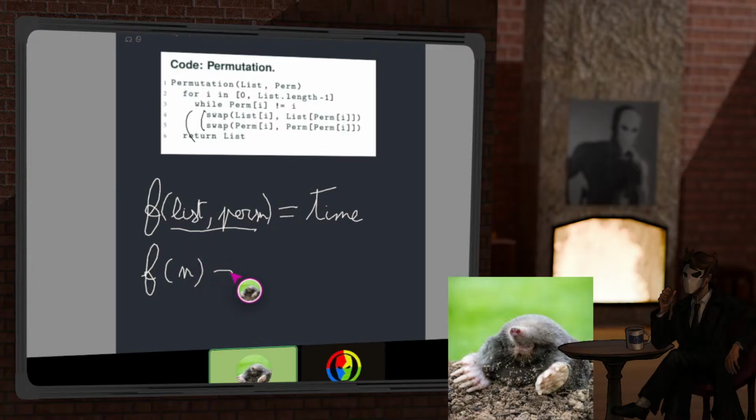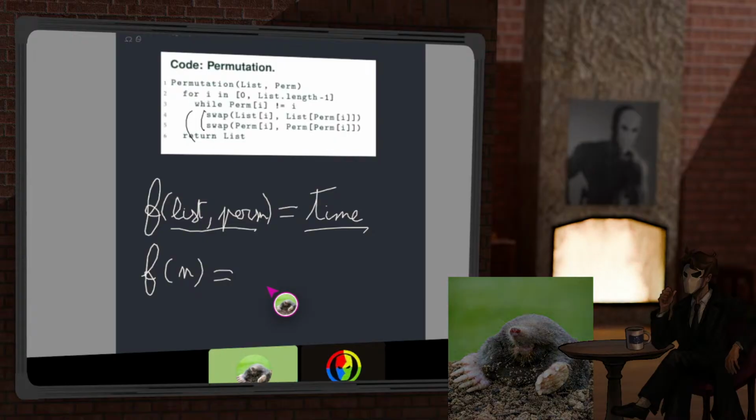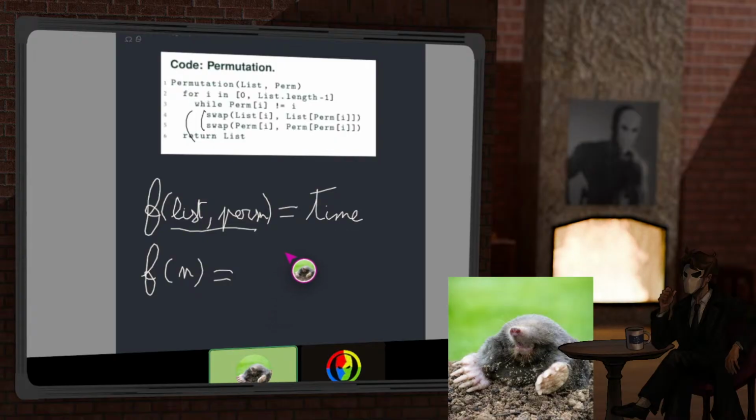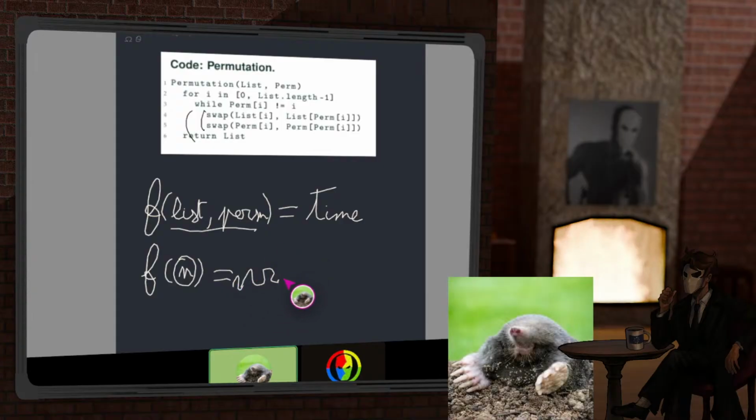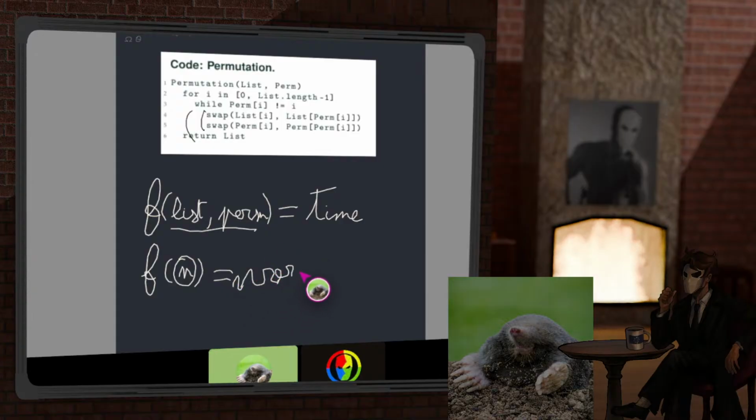But that means that we can't describe the time for every single input. We have to summarize the information. One way of doing so is by just considering, for all the inputs with this same length, what is the worst time that the algorithm could take.